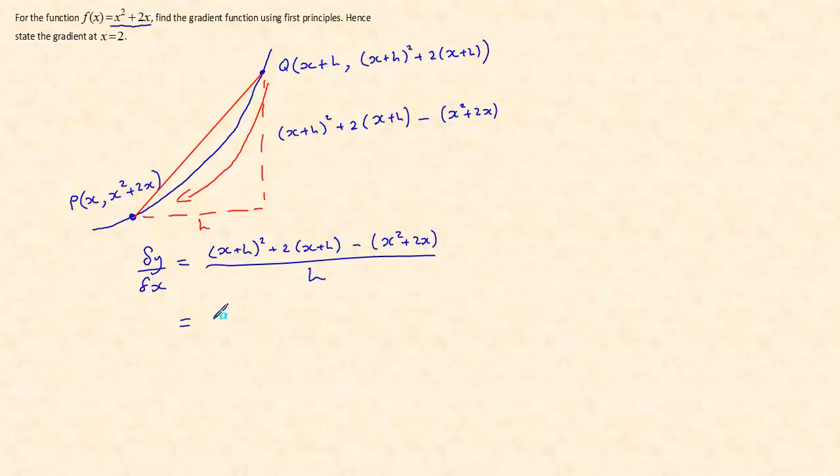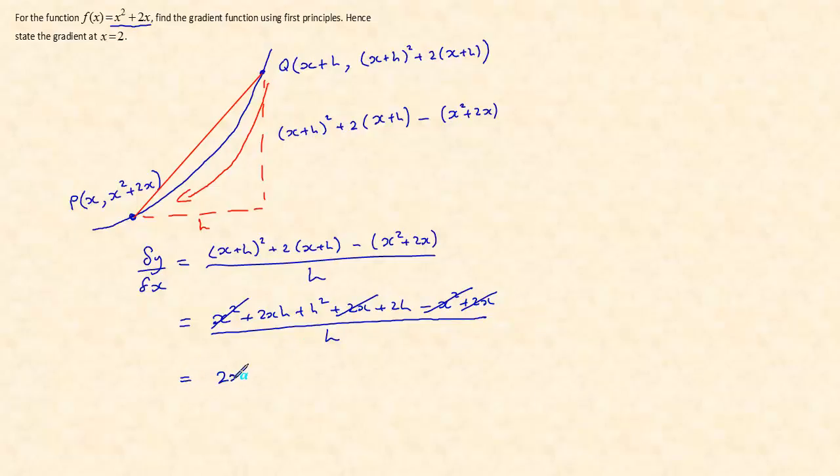So that's going to give us x squared plus 2xh plus h squared plus 2x plus 2h, take away x squared plus 2x all over h. So the x squareds will go and the 2x's will go.